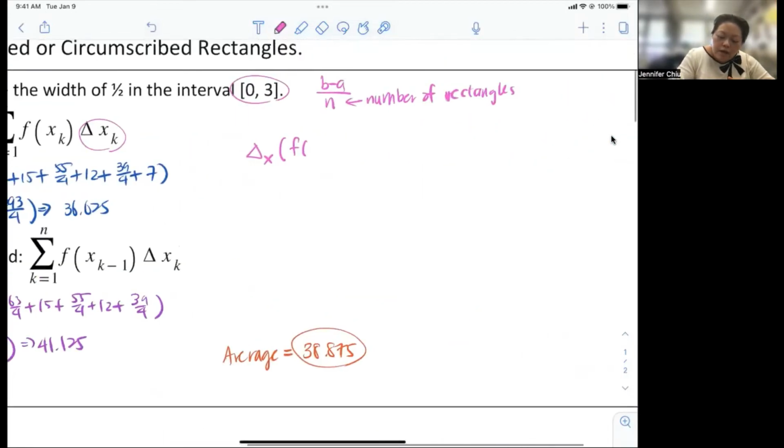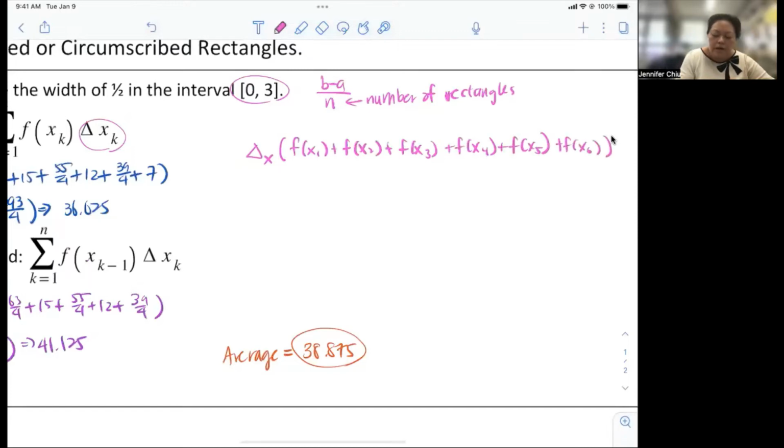So you have f of x1 plus f of x2 plus f of x3 plus f of x4 plus f of x5 plus f of x6, right? So that's your area. What is different for the circumscribed is that your y values start at x0 and go up to x5.